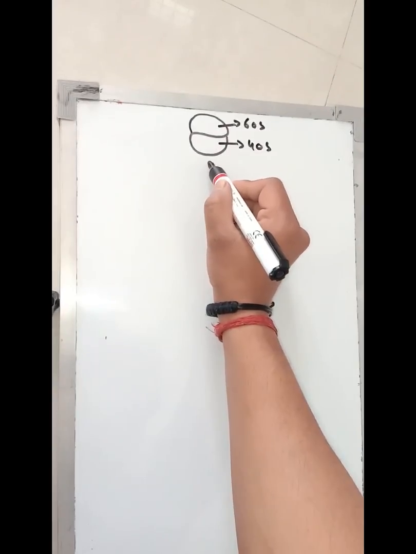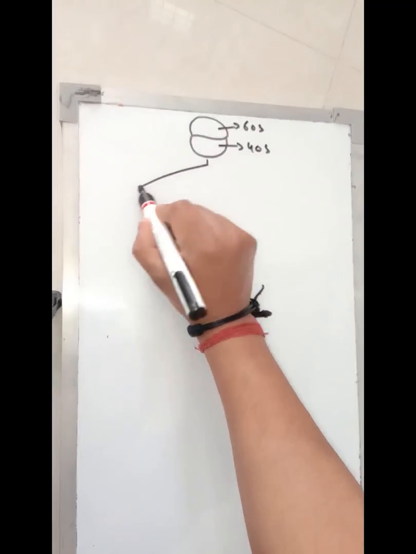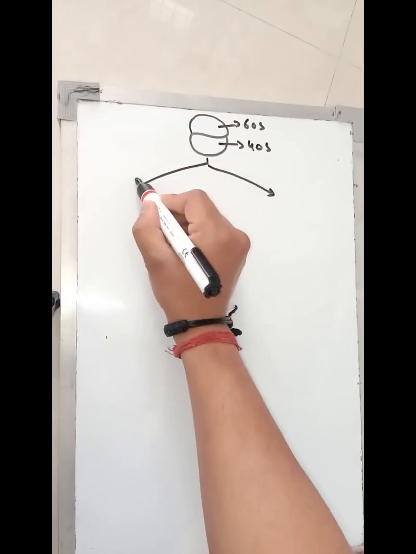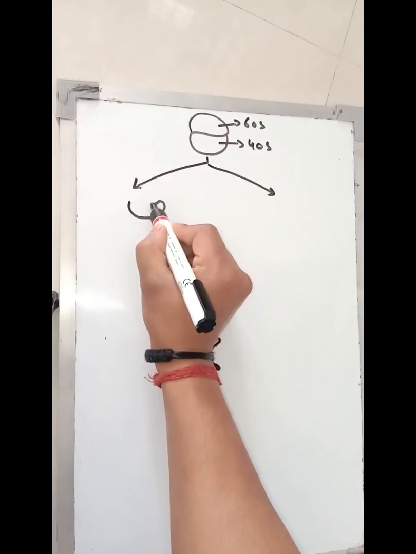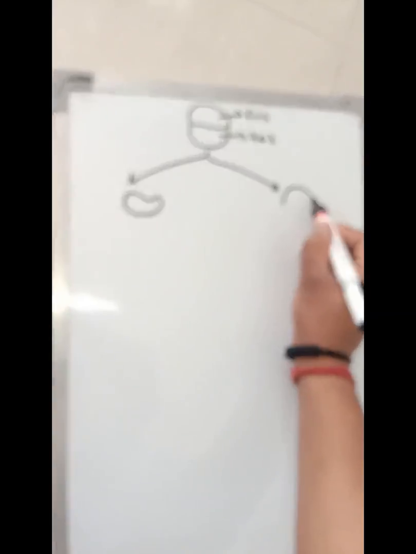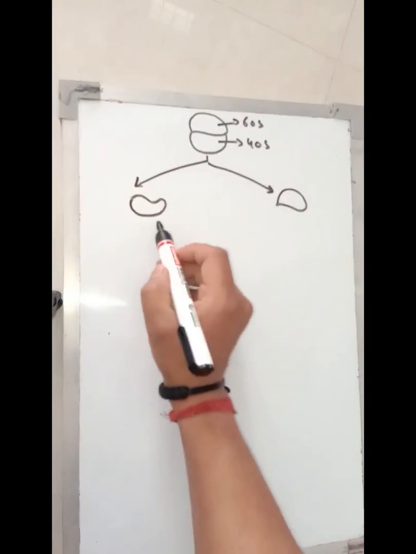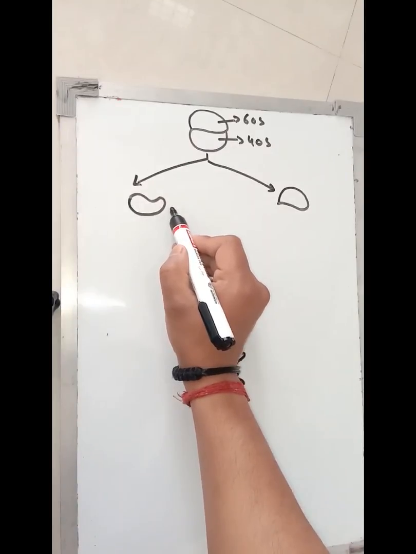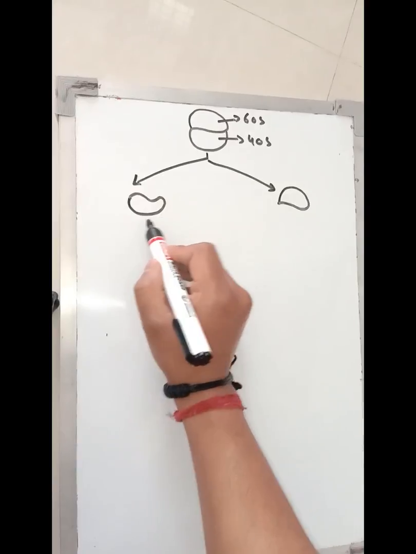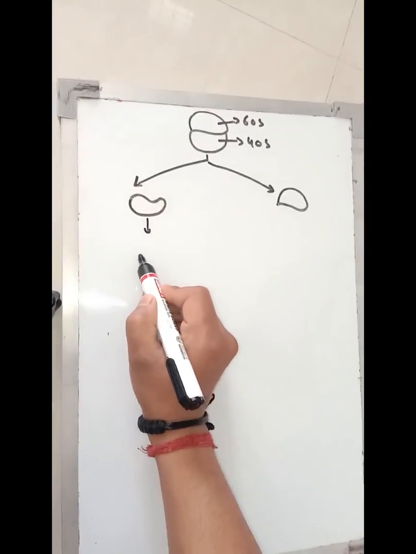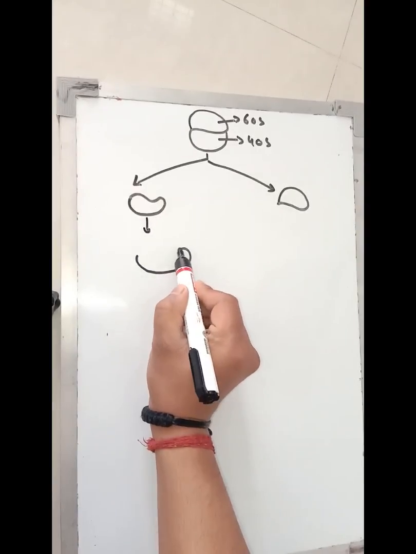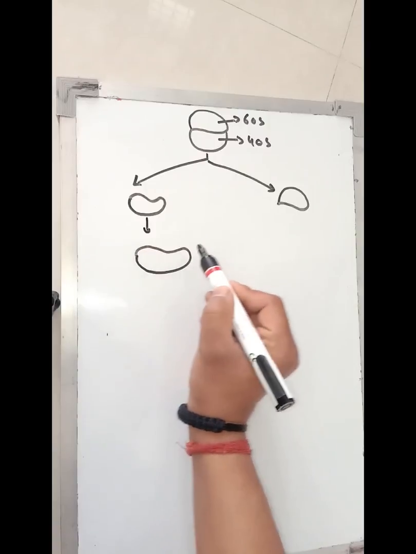Once a complete round of translation takes place, it dissociates into the small subunit and large subunit. As we know, the small subunit first binds with the mRNA, then joins with the large subunit. Here the small subunit will first join with some initiation factors.